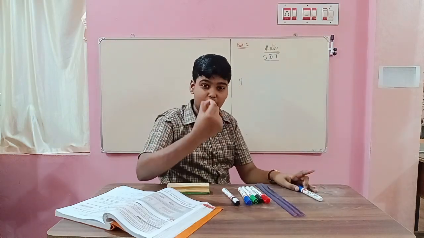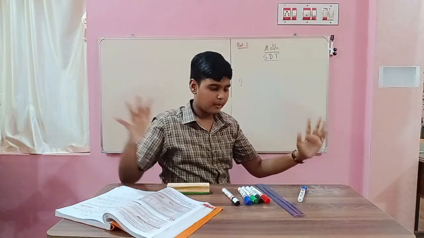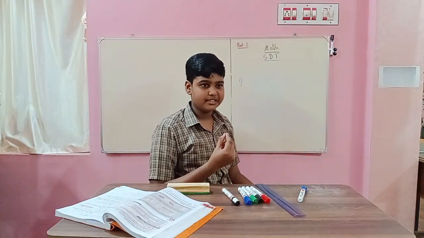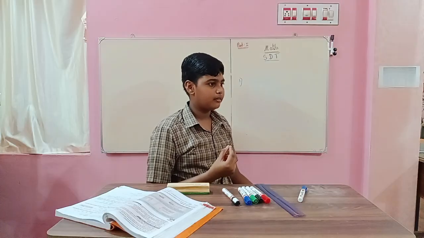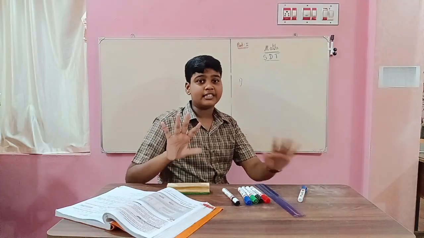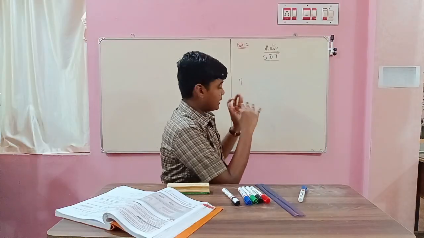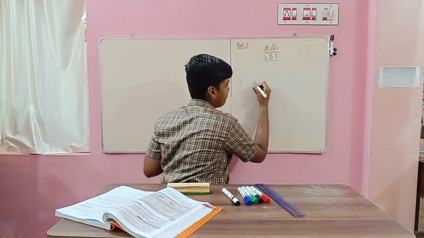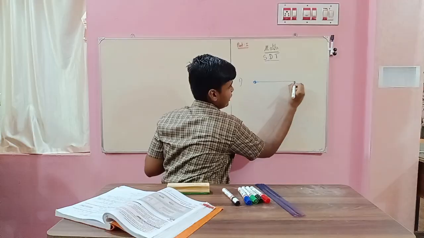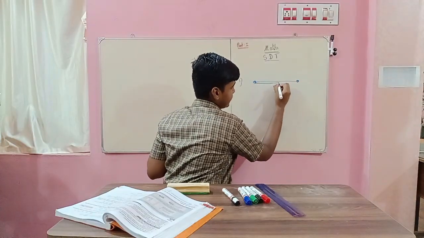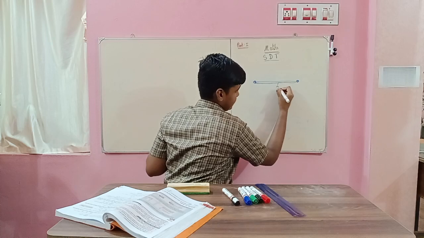I'm solving only one, but it's a very big one. An express train, let's take H, is traveling from point A to point B. The distance between these two places is unknown.